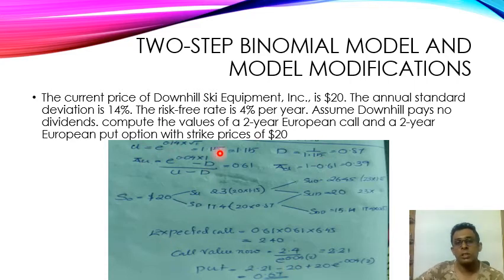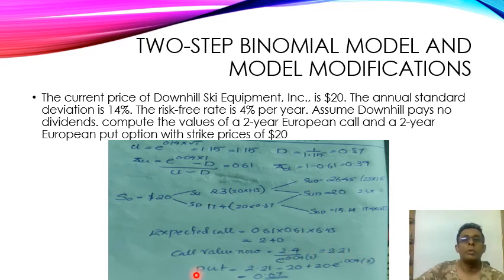First we find the upstate value and the downstate value, then the probability of reaching the upstate and the probability of reaching the downstate. Then we create the binomial tree based on the upstate and downstate values. From the probabilities of reaching them, we find the expected call value. From the expected call value we find the present value of the call value.